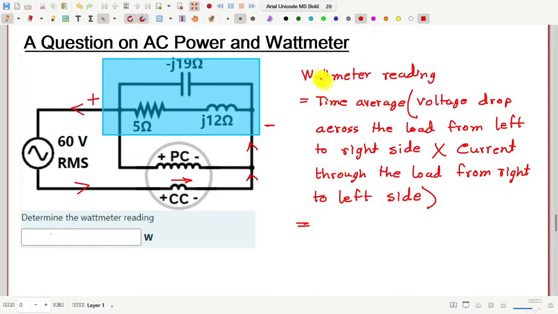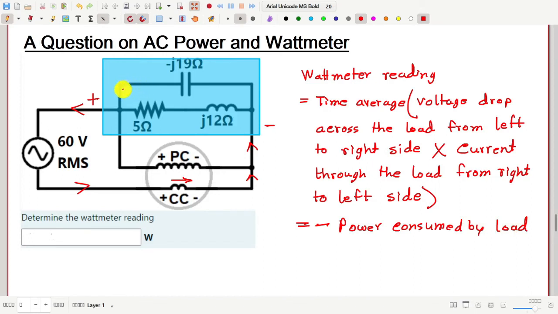So the wattmeter reading will be negative of the power consumed by this load. So that will be equal to minus power consumed by the load.